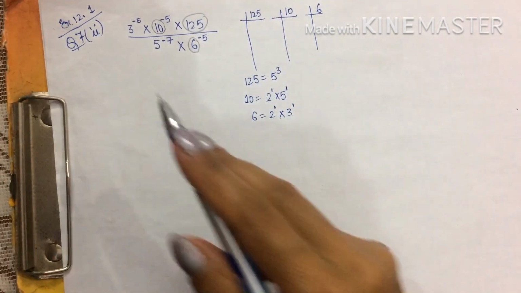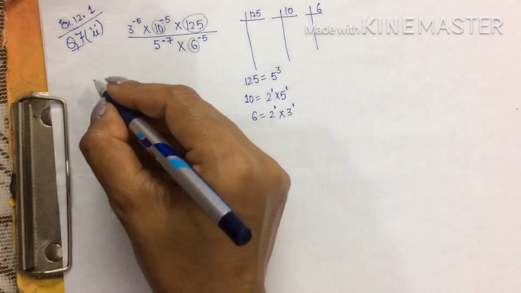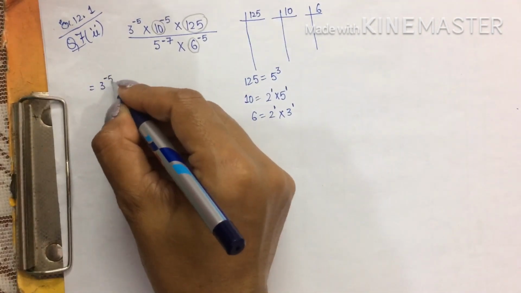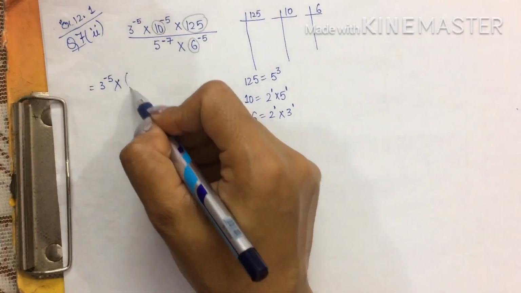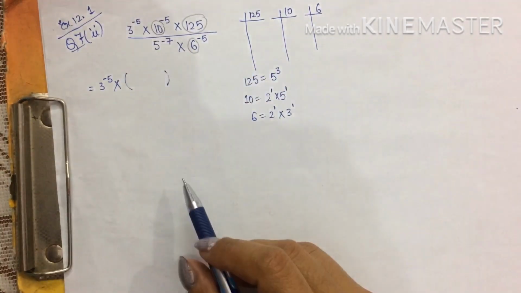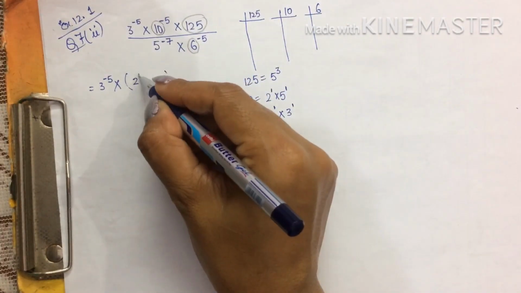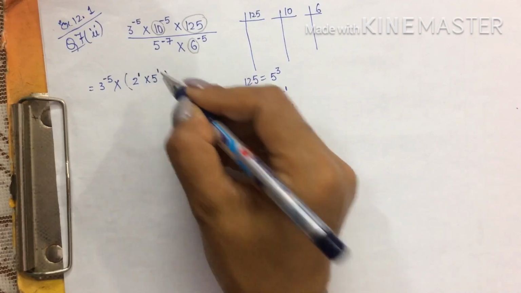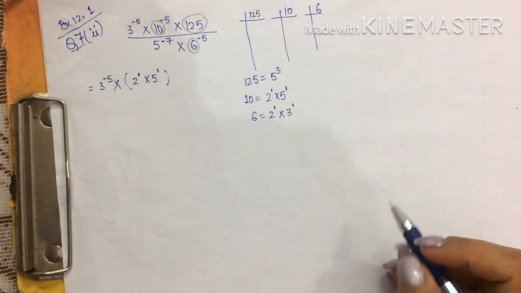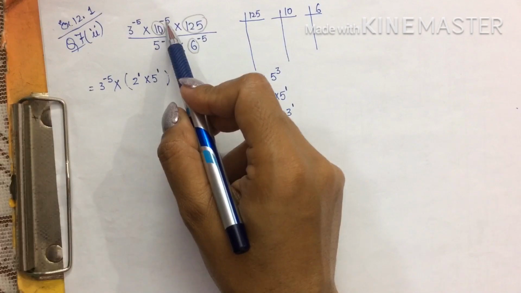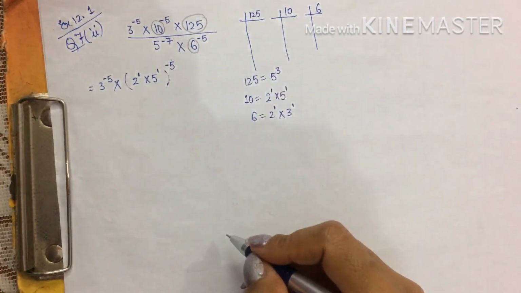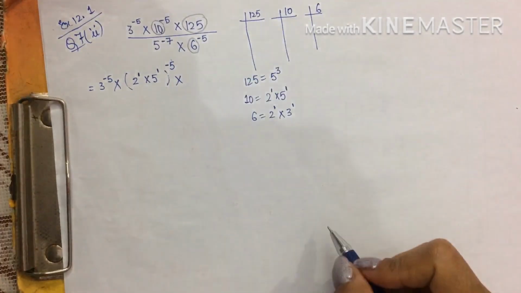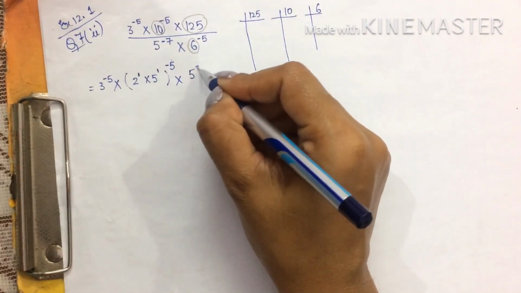Now let's use these values here in our expression. We get 3 raised to the power minus 5. First term, there is no change. Second term, the encircled value 10 can be written as 2 raised to the power 1 and 5 raised to the power 1, the product of these two. But 10 had an exponent minus 5, so this bracketed value will have the exponent minus 5. 125 can be written as 5 raised to the power 3.